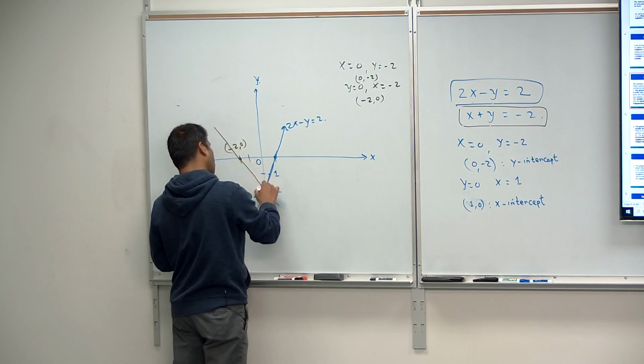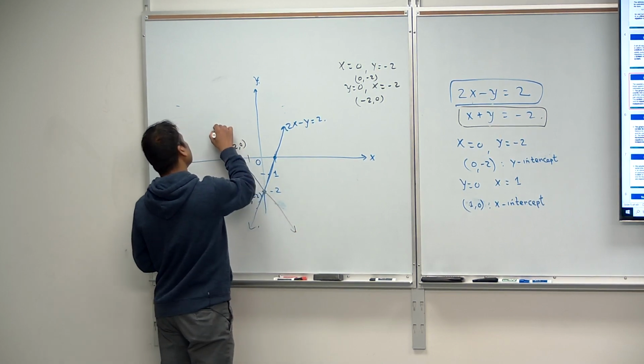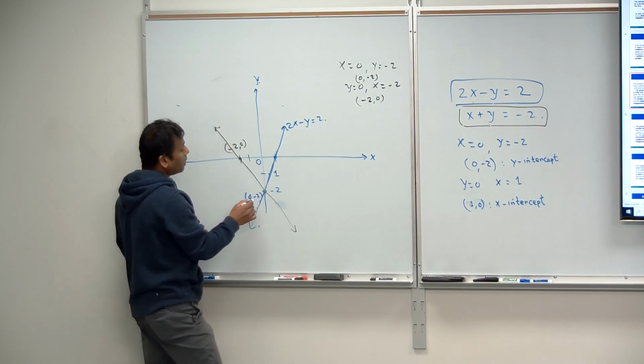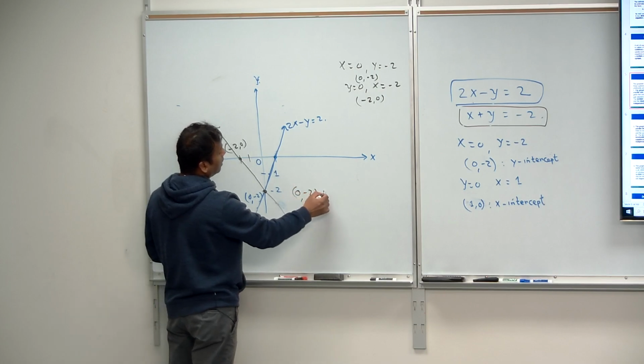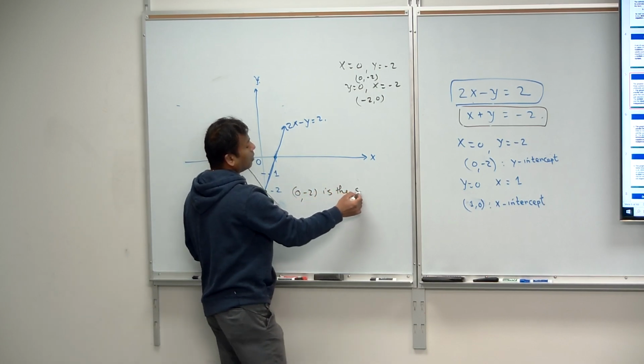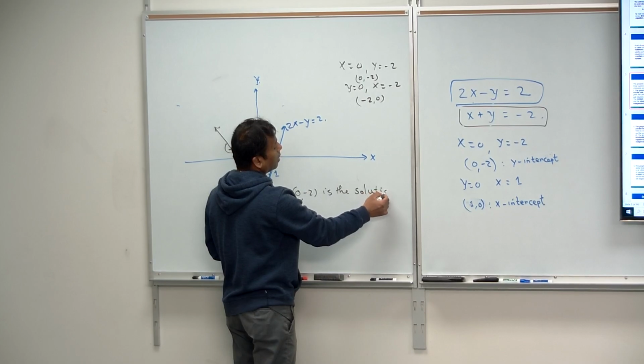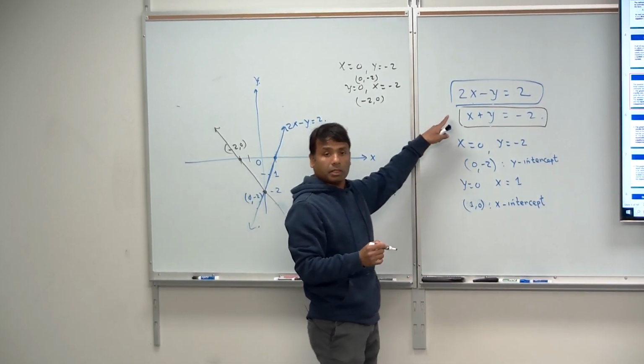If you join them, you have something like this. So now you see 0, -2 is the solution to this system.